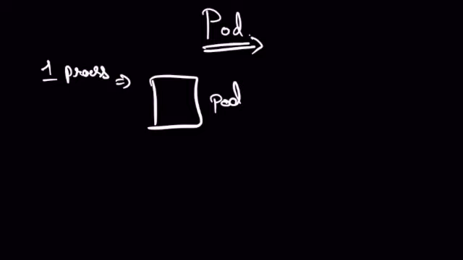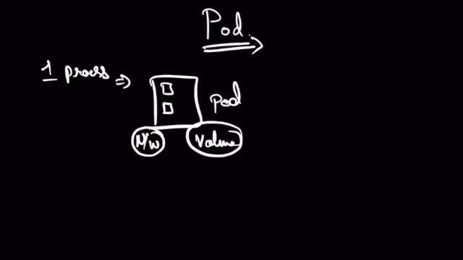Okay, so this one particular pod can contain 2 or more containers. These share the same network space, the same volumes, and all the resources with each other, these two containers.